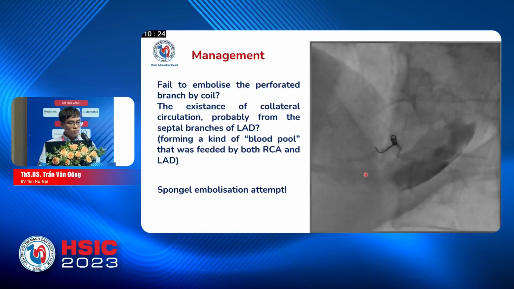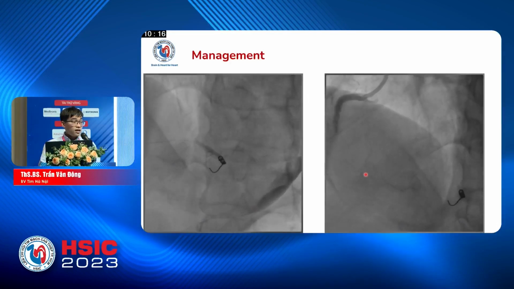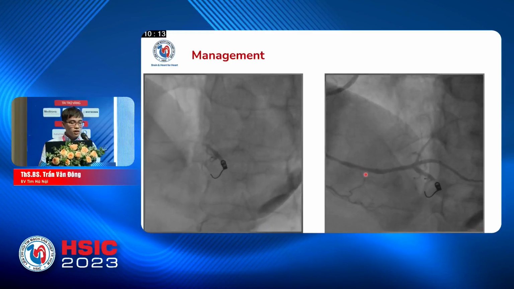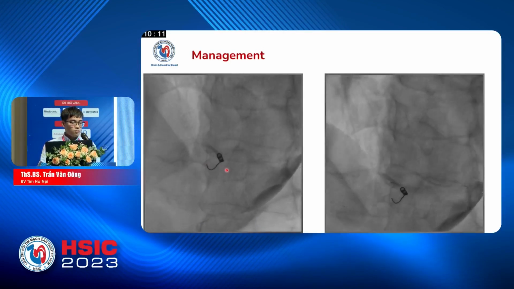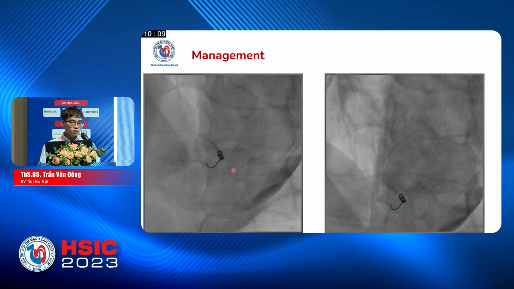So we thought about some substance that can be pushed to that pool, and we attempted to use gelfoam sponge. And after gelfoam embolization, you can see here that the perforated branch was totally occluded.